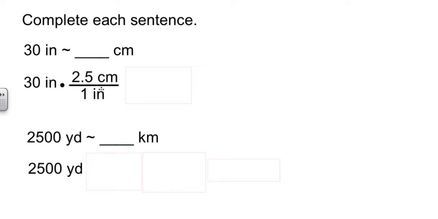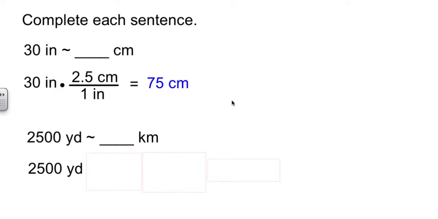And again, like we did last time, the inch goes on bottom so that the inches cancel the inches. And now we're down to simple arithmetic. 30 times 2.5, grab your trusty calculator, 75 centimeters. Okay.